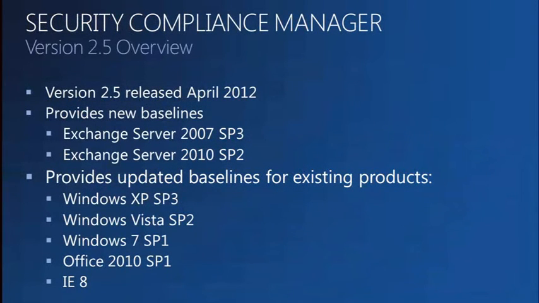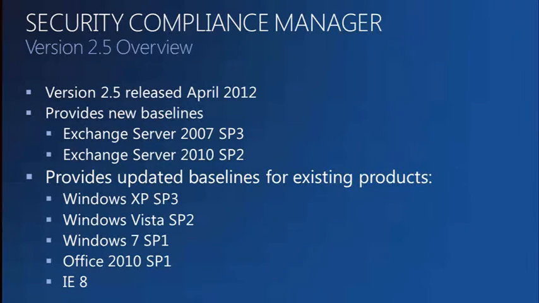Some of the other things that came with Security Compliance Manager: the first thing I must say is that this version, 2.5, was released this month. The previous version, 2.0, had specific baselines, like Windows 7 or Windows Server 2008, and we included some for Windows XP Service Pack 2 and Service Pack 1 back then. But in this new release, we include some other baselines.